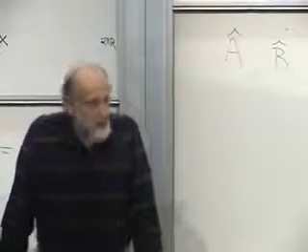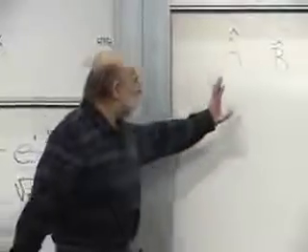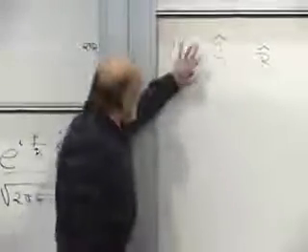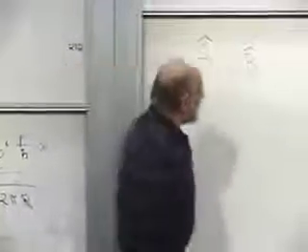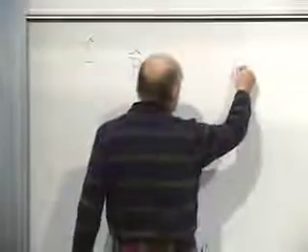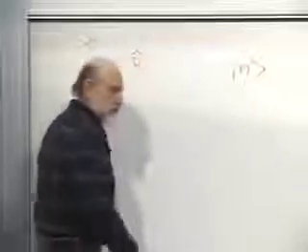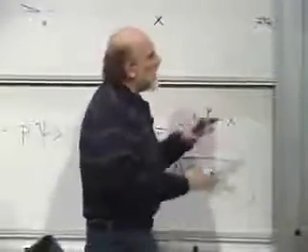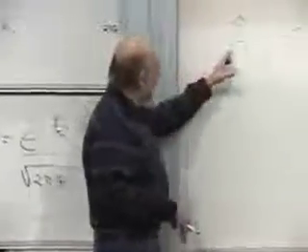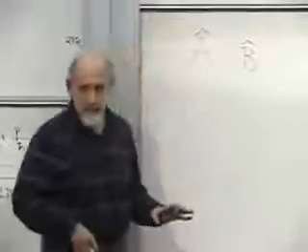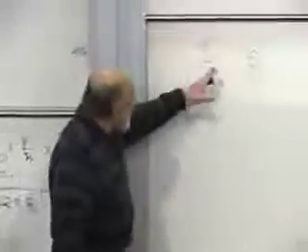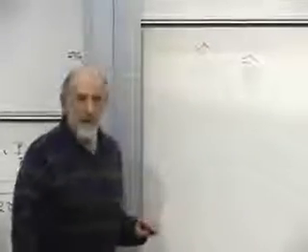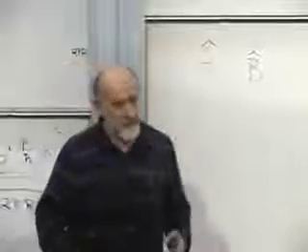In fact, the best possible situation for two operators being completely compatible is if there is a complete basis of vectors, I'm going back to the discrete case, but it doesn't matter, which are simultaneously eigenvectors of both A and B. Then each one of those eigenvectors, both A and B, can be specified and can be definite.